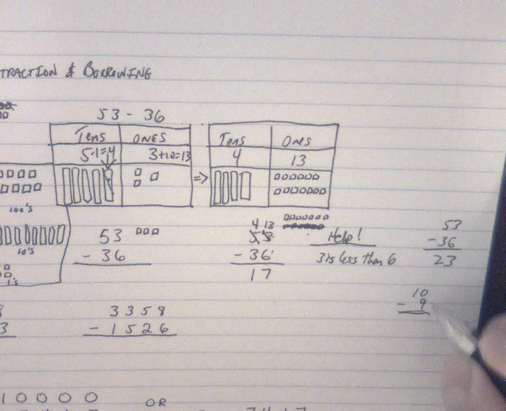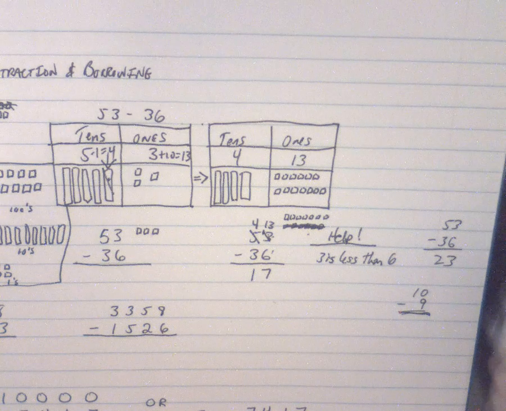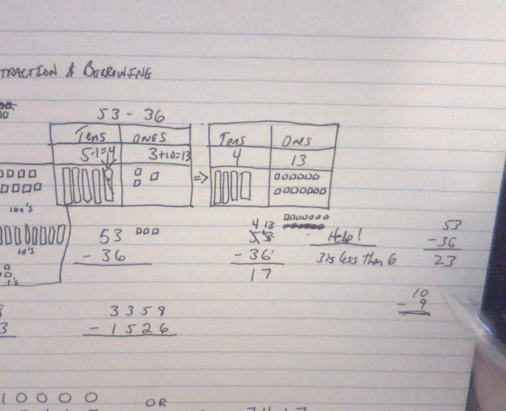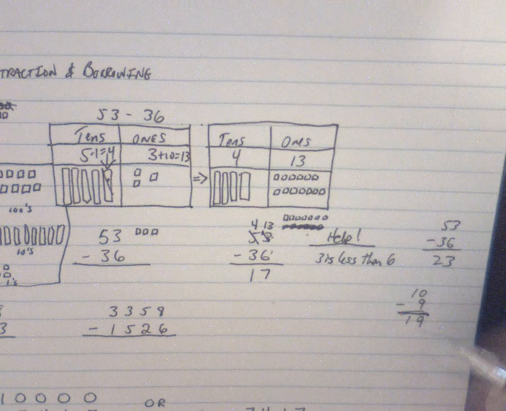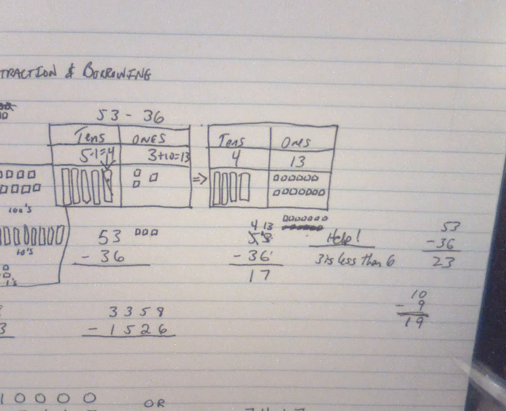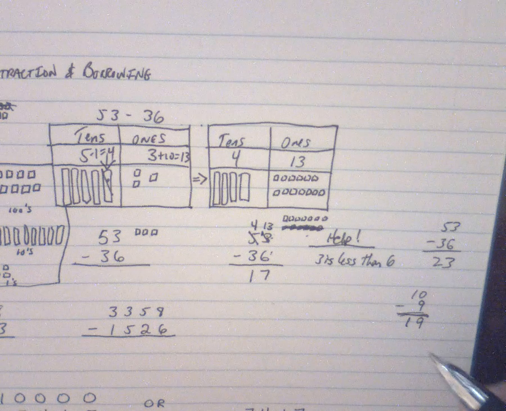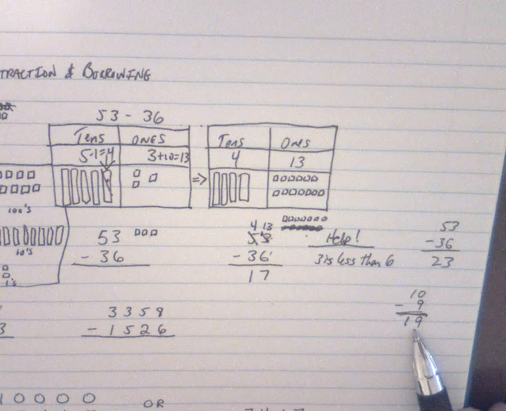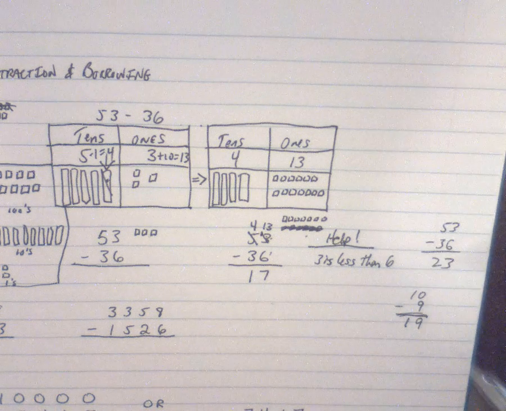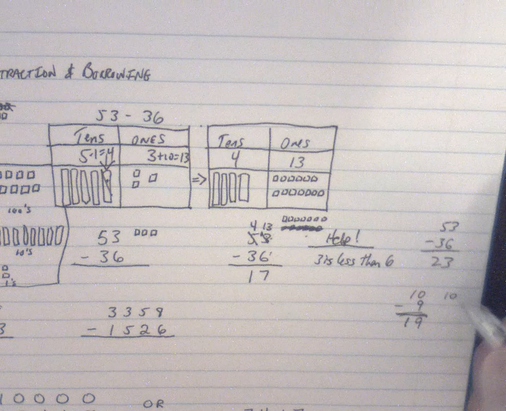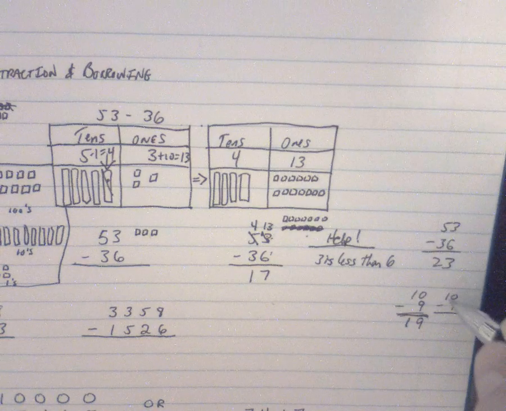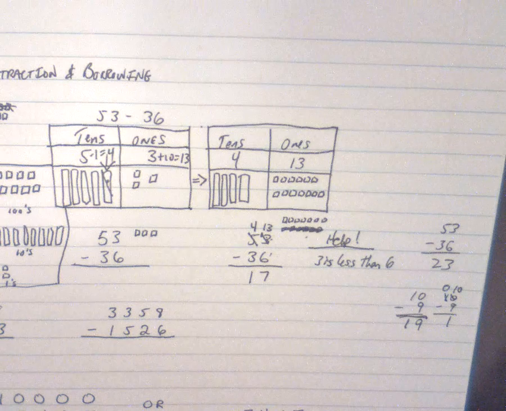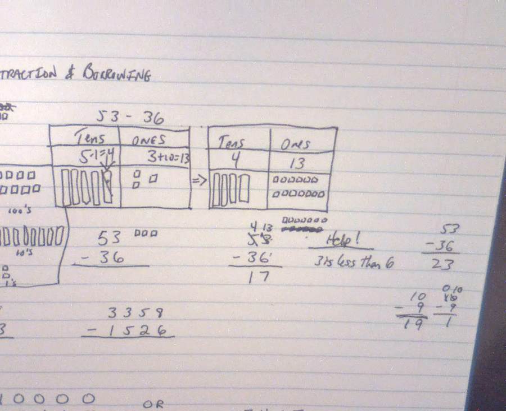But if you decide that you just want to subtract all willy-nilly and not take a look at whether the bottom number is bigger, you're going to end up going 9, and I can guarantee it, because you're not paying attention to the numbers. So you're going to end up with 19. We're not adding, we're subtracting. And so when we're subtracting 10 minus 9, we need to borrow. You take 10 away from here, you get 10. 10 minus 9 equals 1. That is what you have to do.